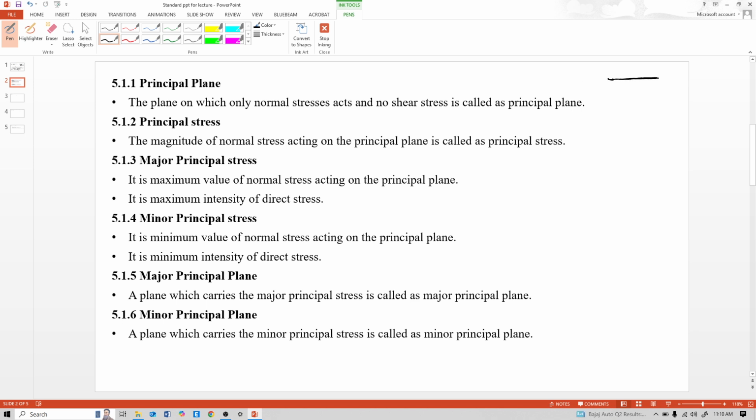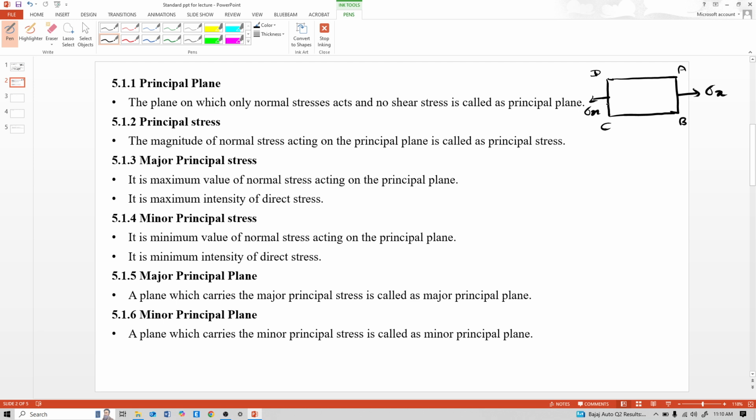Let us consider this rectangular body A, B, C, D, and this body carries normal stresses sigma x, sigma x. So the planes AB, BC, CD and AD, as shown in this figure, carry only normal stresses and no shear stress.